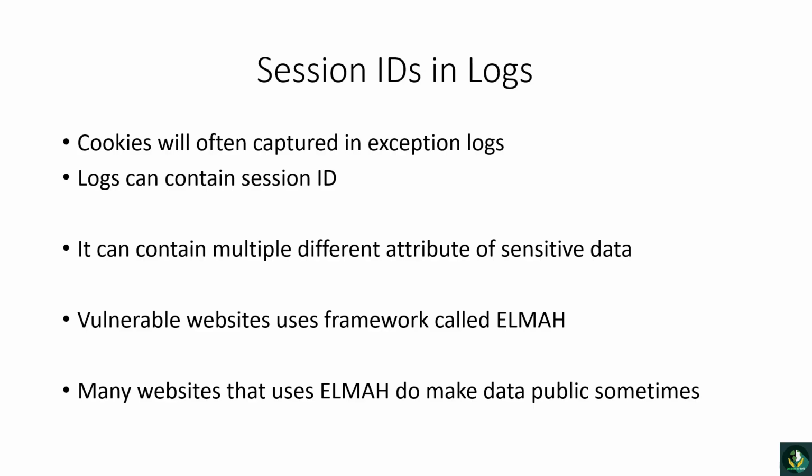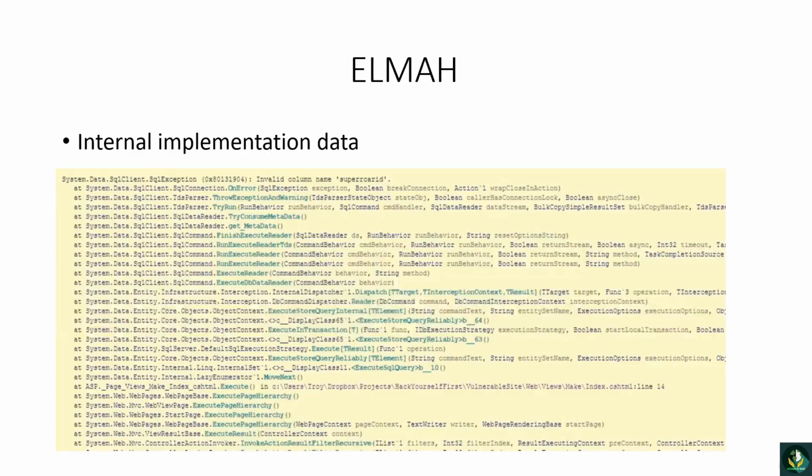Now many vulnerable websites use a framework called ELMAH, an error logging module, and you can come across exposed ELMAH logs, as many websites that use ELMAH unfortunately make the details public.